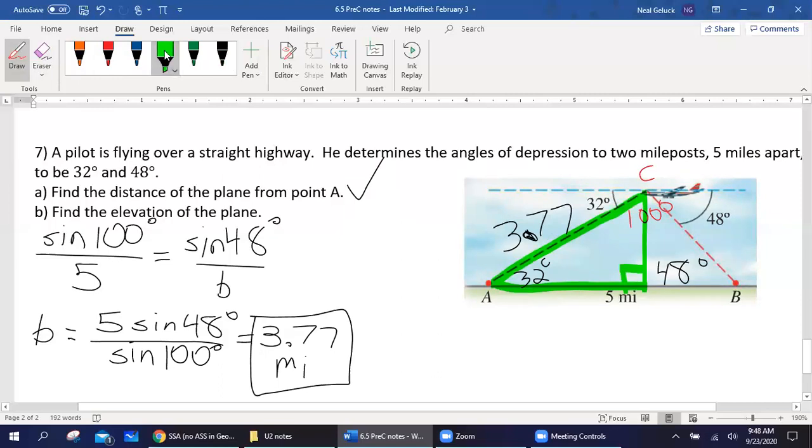So using the 32 degrees, I want to know the altitude, or the elevation, I'll call it E. I can use just regular sine, not law of sines here, because this goes back to right triangle trig. So I can say the sine of 32 equals elevation over 3.77, opposite over hypotenuse. And if you multiply 3.77 over, you'll get the elevation is pretty much exactly, or rounds to 2 miles.